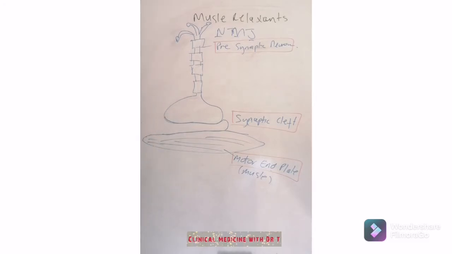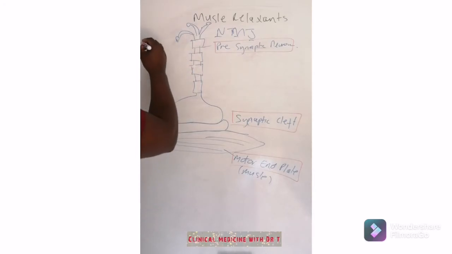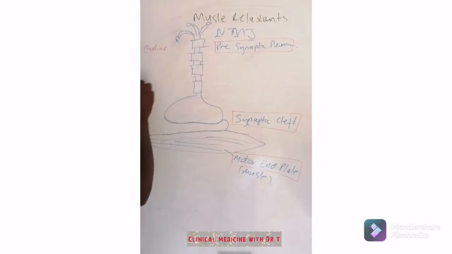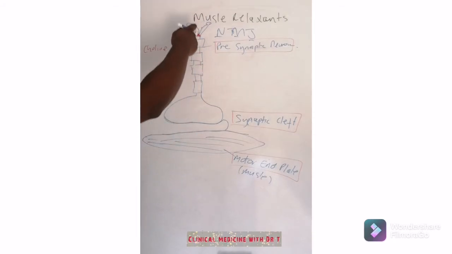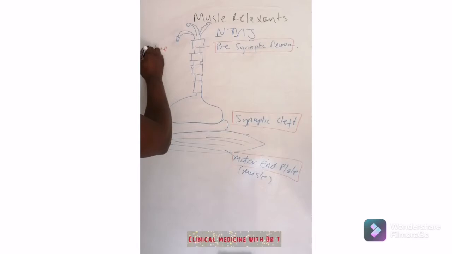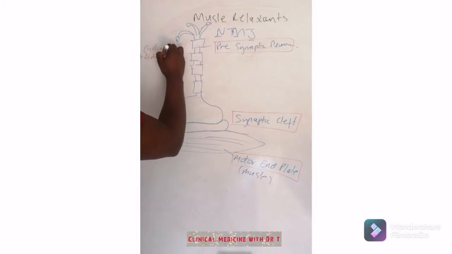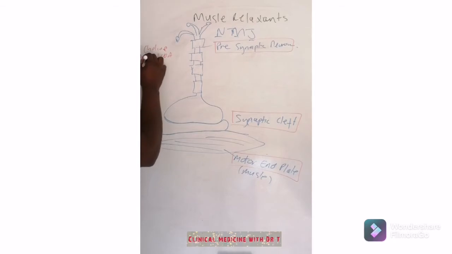Let's go back to this part here. We consume food that contains a molecule called choline. When that molecule enters the neuron, it combines with acetyl-CoA to form acetylcholine.